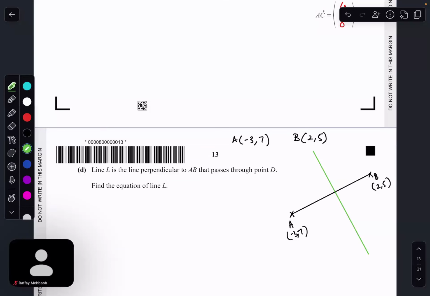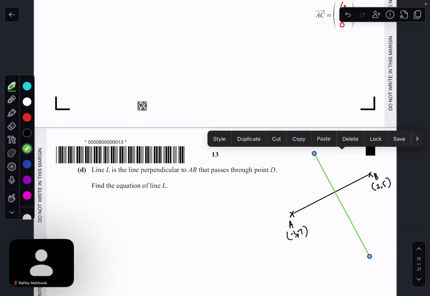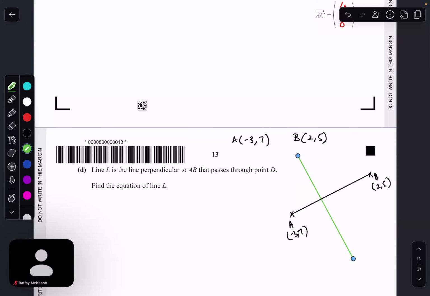It's not a bisector. Be careful with the words. It can be anywhere. It's just perpendicular to this line, making 90 degrees. So that is why this is called line L. Line L is perpendicular to AB and passes through D. What was point D? Let's say D is over here.